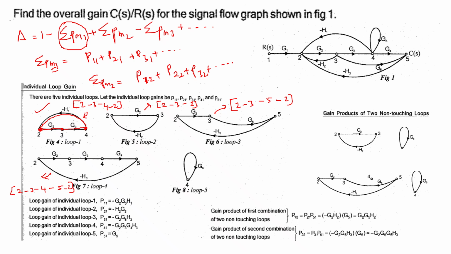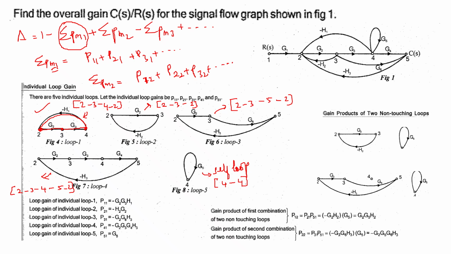And we call this a self loop because it starts from a node and ends at the same node without passing through any other nodes. This can be written as 4 to 4. Multiply all the gain elements available to write the value of this particular individual loop.